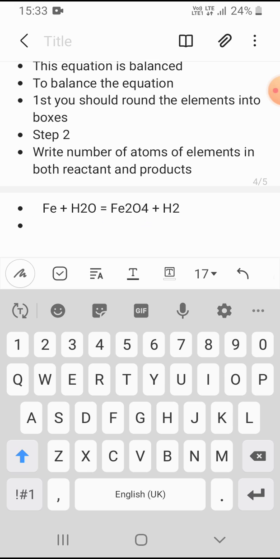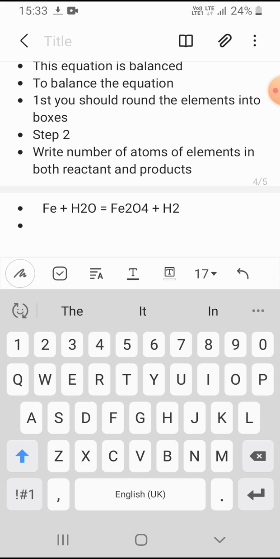So if you put the reactants and the product side, Fe is not equal, because here 2 will come, and O is not equal, because here they put O4.